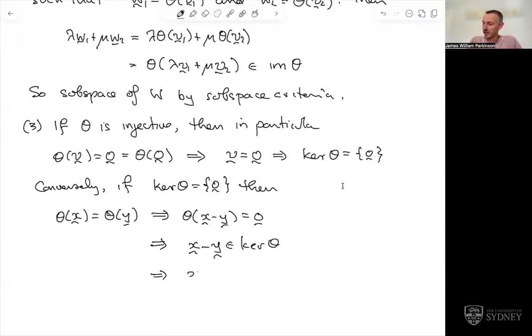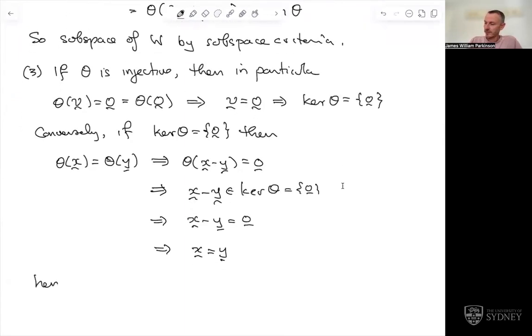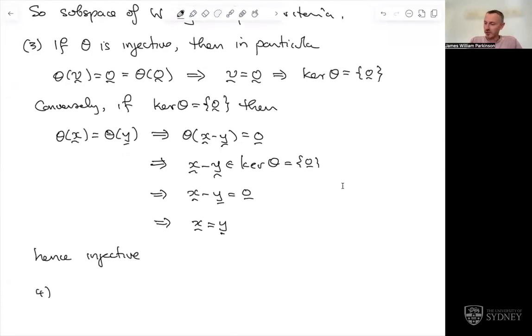So that's saying x minus y equals 0 by assumption, because the kernel is 0. So x equals y. Hence, injective. And 4 is, as I say, just by definition.